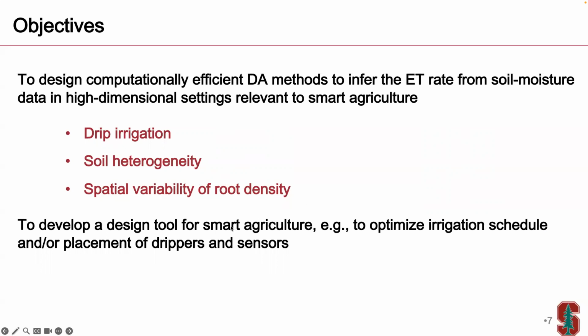And such efficient strategies would serve as design tools for smart agriculture, for example, to optimize the irrigation schedule and the placement of drippers and sensors.